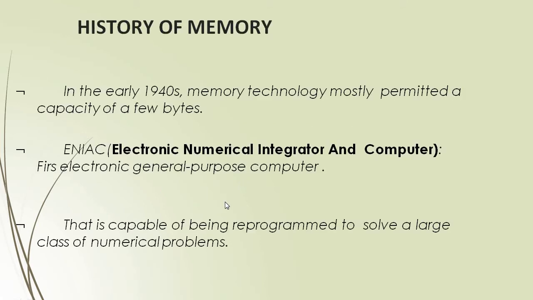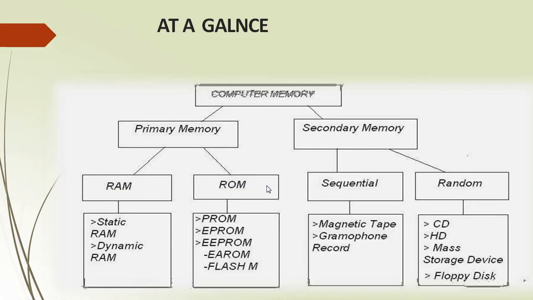In the early 1940s, memory technology mostly permitted a capacity of a few bytes, where ENIAC, that is Electronic Numerical Integrator and Computer, was the first electronic general purpose computer capable of being reprogrammed to solve a large class of numerical problems.